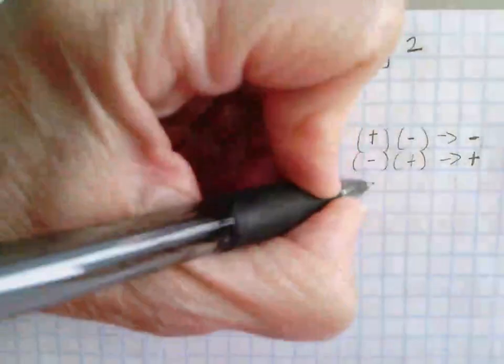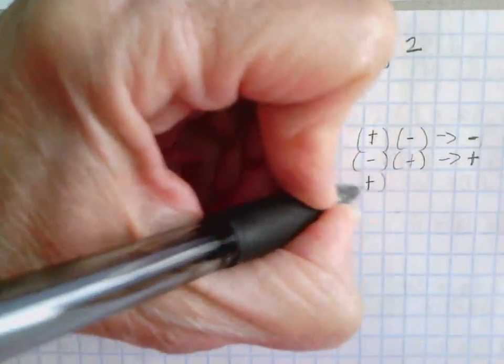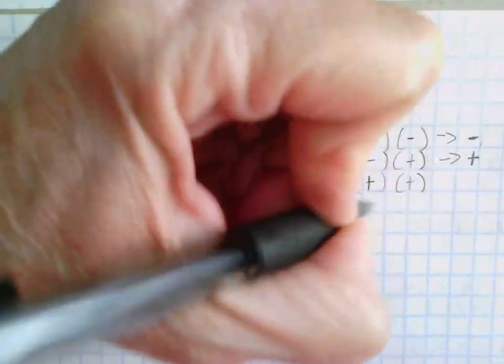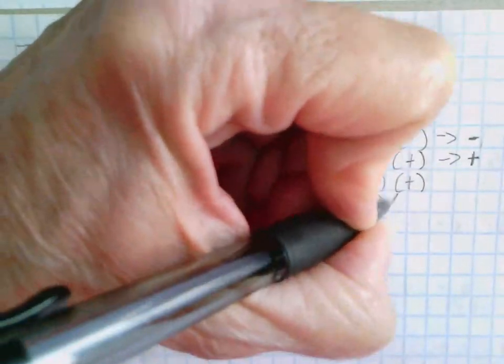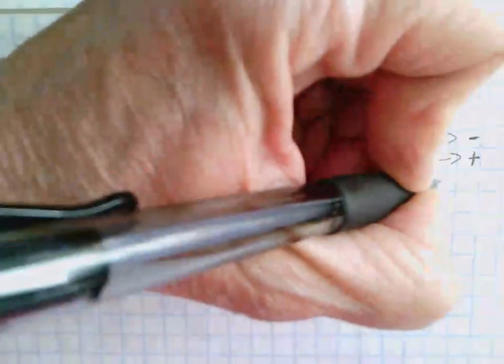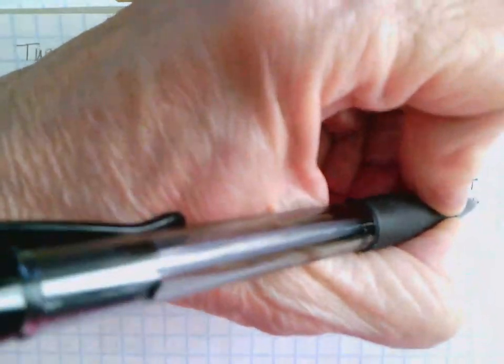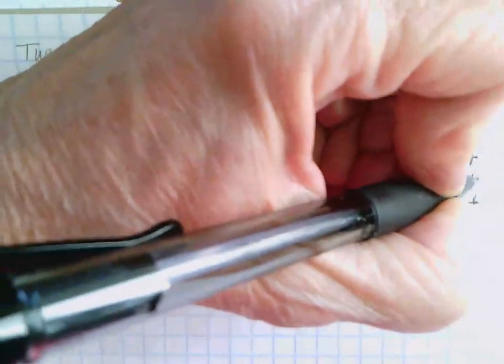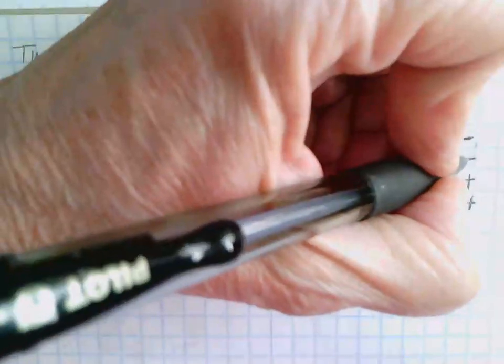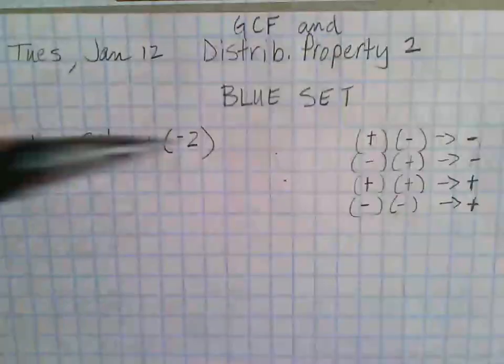But when your signs are the same, either both positive or both negative, your result when you are multiplying is going to be positive. I don't know if I said that correct or not.